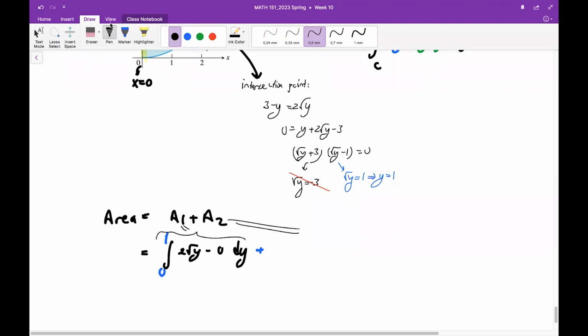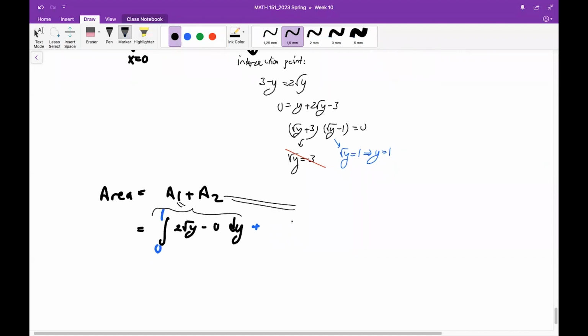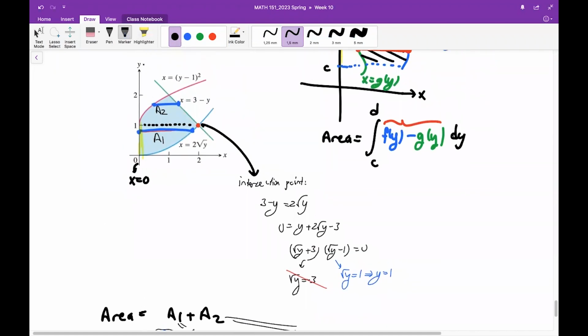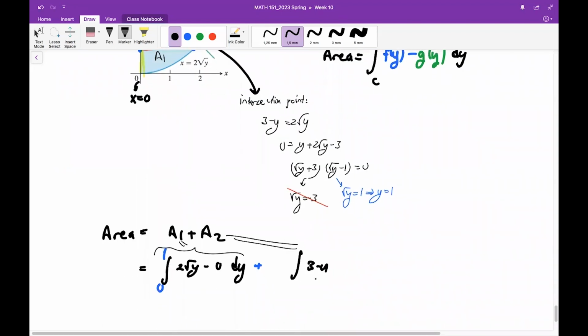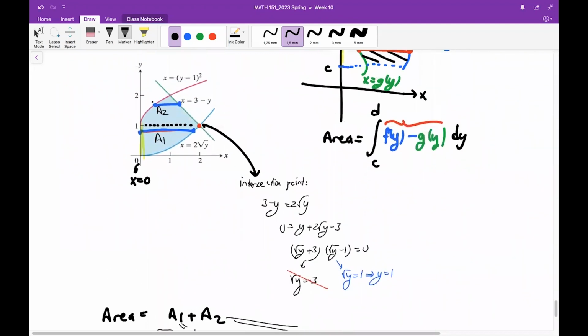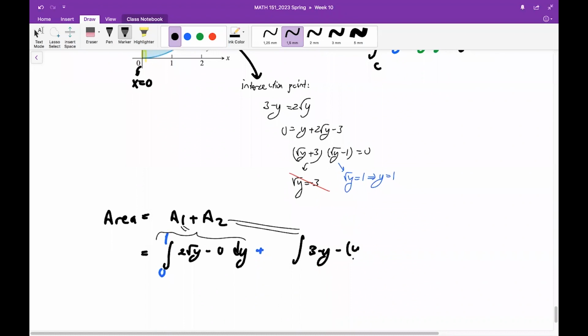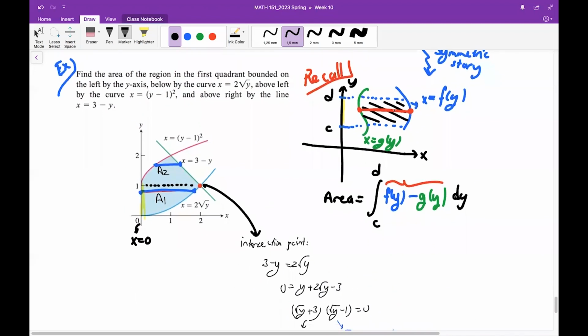Now, for A2, start constructing your definite integral. For A2, the bigger curve is this green curve, and the smaller curve bounding A2 is this pink one. So the bigger one is 3 minus y, minus (y minus 1) squared is the smaller one, dy. Be careful, we are using this horizontal setting.